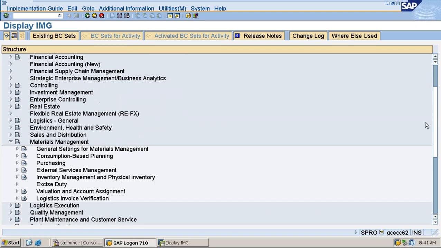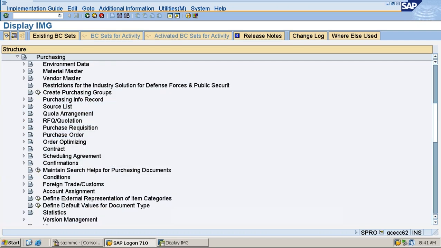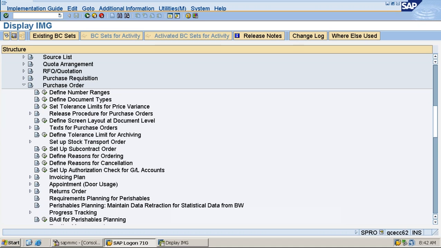So you go to the MM block: Material Master, Purchasing, Purchase Order, and Set Up Stock Transport Order. This is where you will see the complete STO in MM itself.